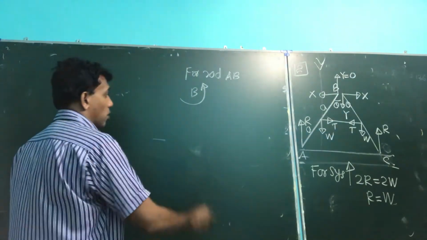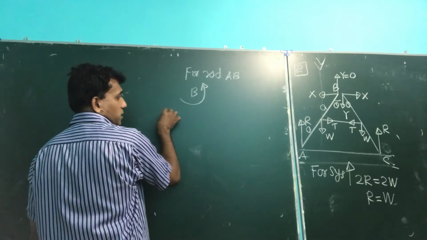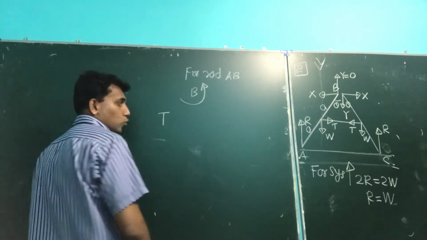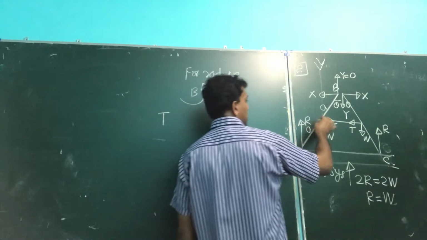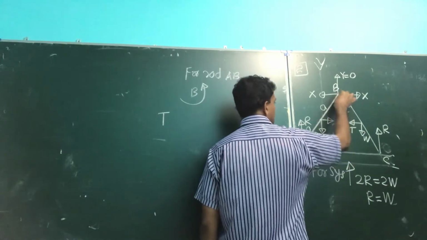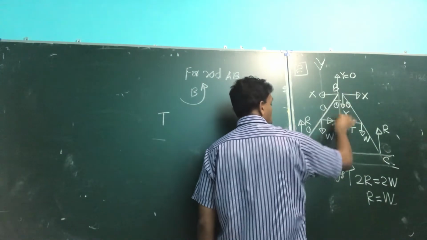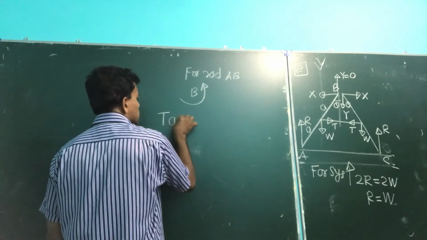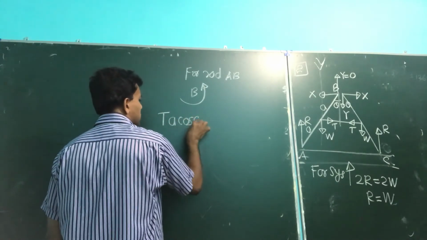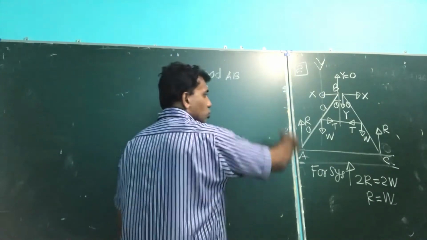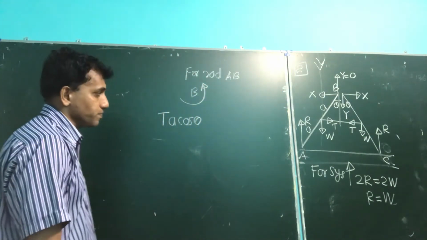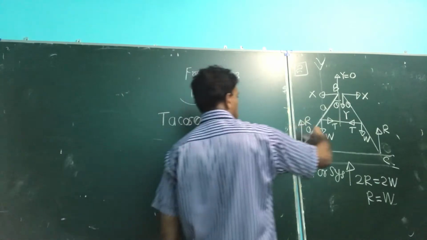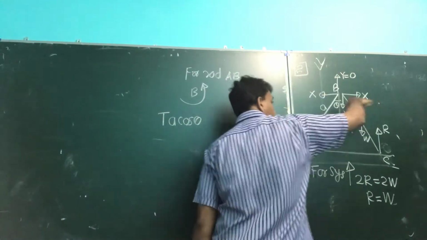So complete that form. What is T into what distance, the line of action here? The distance here is A cos theta, so T into A cos theta. And W also the same.